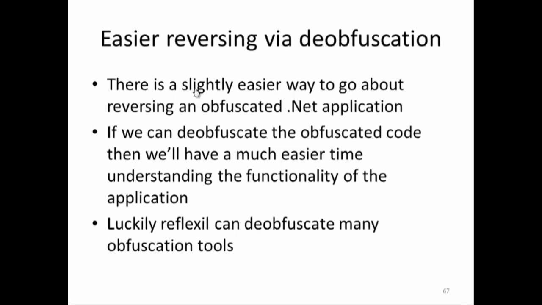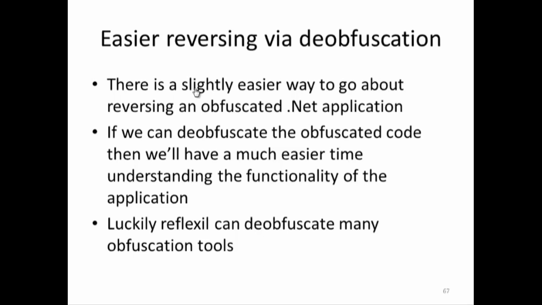Now, it's a little bit easier also to do deobfuscation. And deobfuscation is simply finding a way to strip off the obfuscation to reveal plain text or clear text. If we can deobfuscate the obfuscated code, then we'll have a much easier time. Instead of looking at gobbledygook, we'll actually have all the functionality, all the variable names, all the class names that the developer intended.